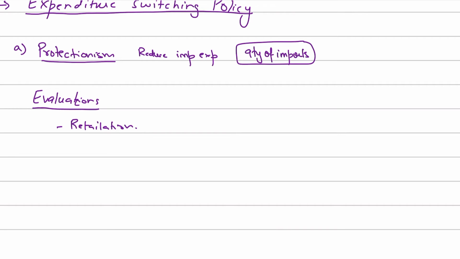So again, retaliation. The problem with retaliation is that if they retaliate much stronger than how we retaliated, then our exports would fall. Because we imposed a barrier on their exports, what is going to happen?